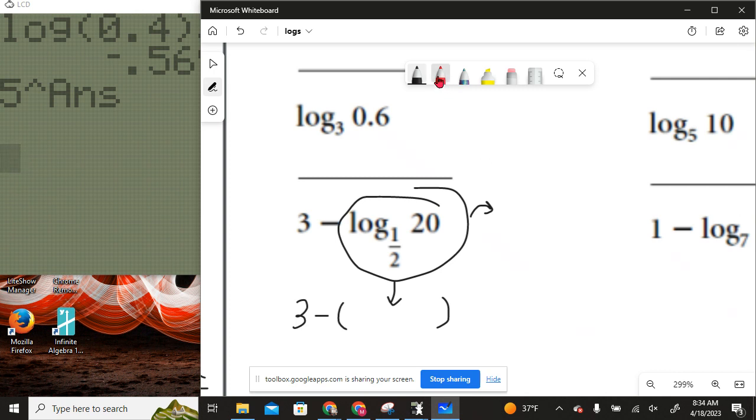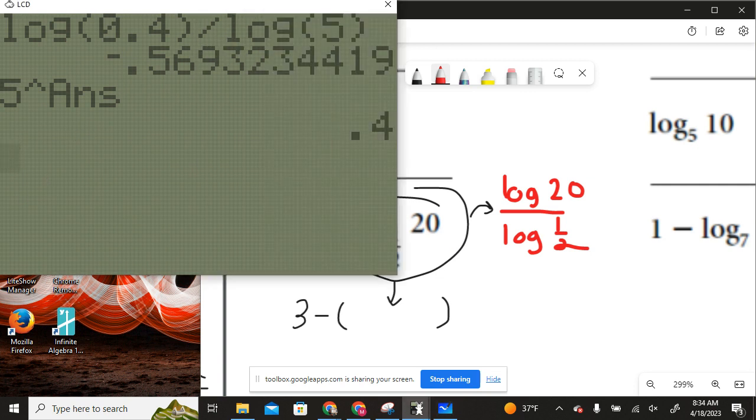We got the log of our answer, 20, divided by the log of our base, 1/2. Now, hitting that up in the calculator, there you go. We got log of 20 divided by log of 1/2.